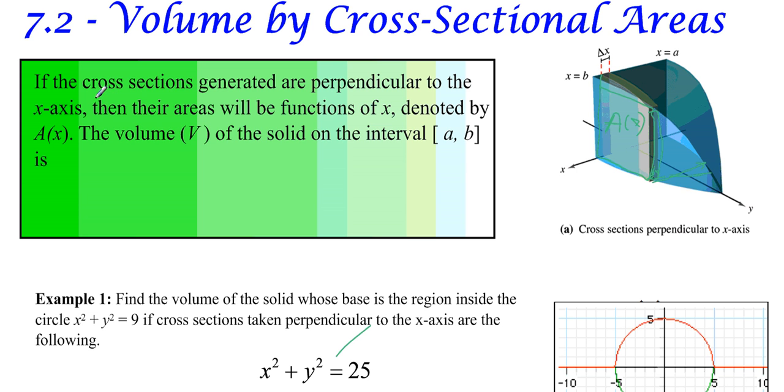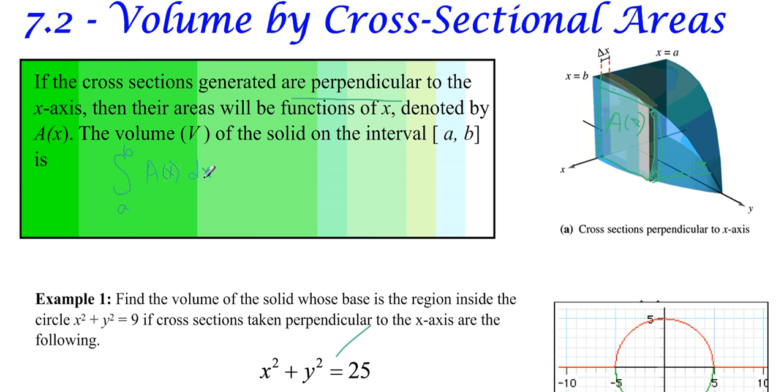If the cross sections generated are perpendicular to the x-axis, then their areas will be functions of x, denoted by A(x). The volume of the solid on the interval from a to b will be the integral from a to b of A(x) dx.